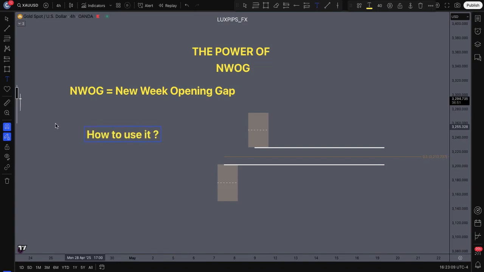How to use it. Here's two ideas. Price can attract or repel from the Enwalk.